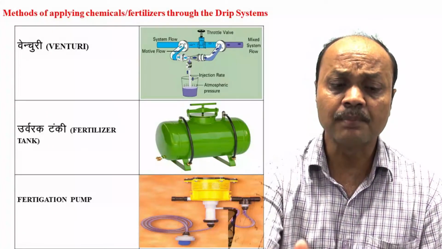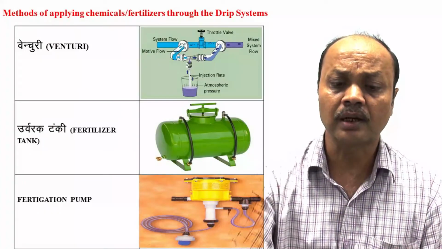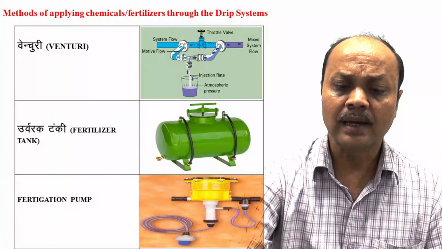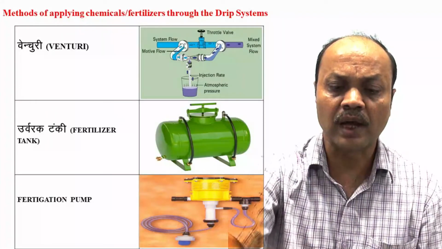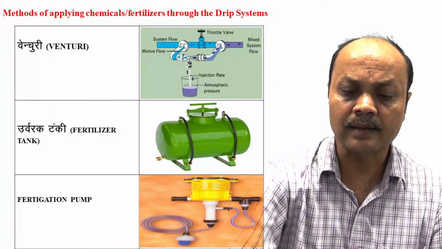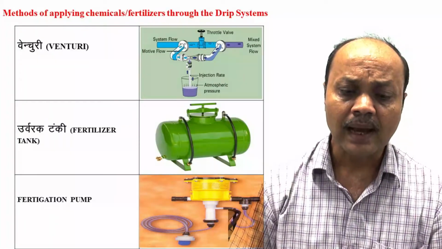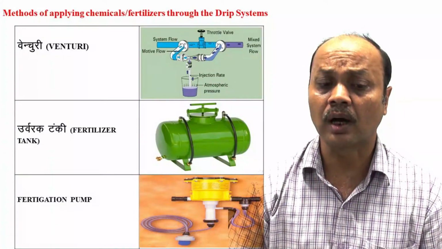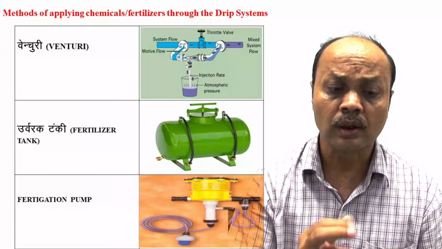In the Venturi, as we read in 12th class, there is a pipeline, and when you close the throttle, suction is created. This is the tank at atmospheric pressure, and your fertilizer will go through this pipe. This is the less costly one, and a very common technique.